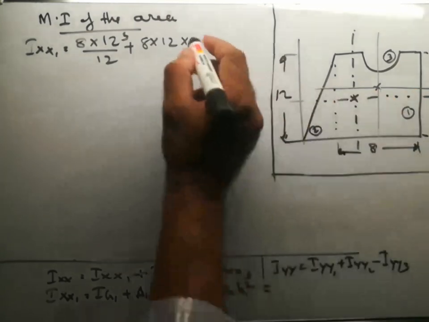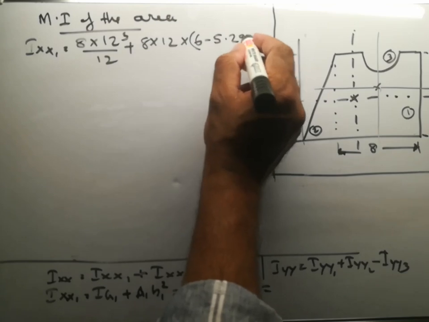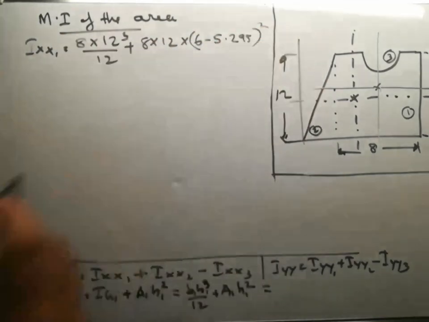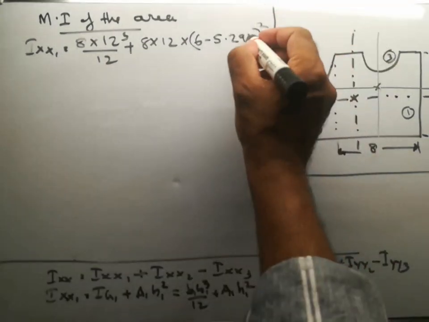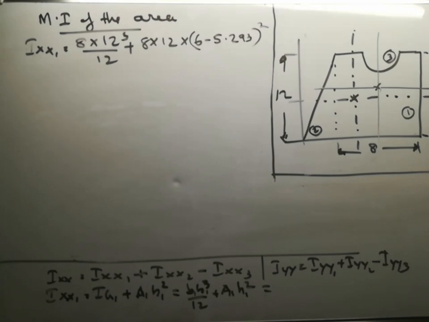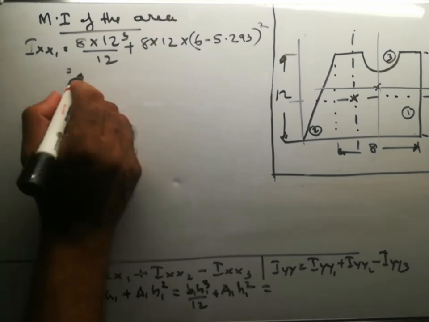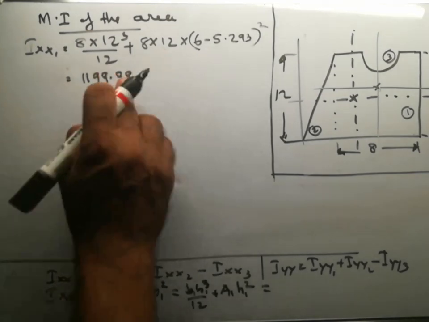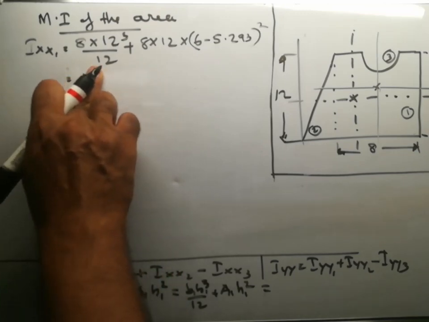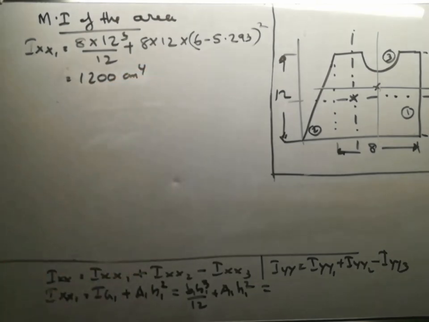H1 is this distance, that is 6 minus 5.293, it was 5.293 actually, squared. So Ixx1 is equal to 1199.98, or we can write 1200 centimeter raised to 4. That is Ixx1.